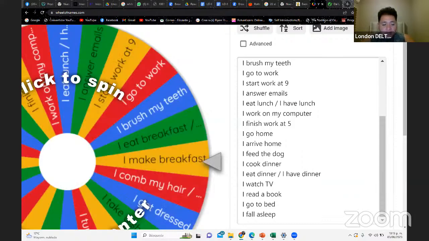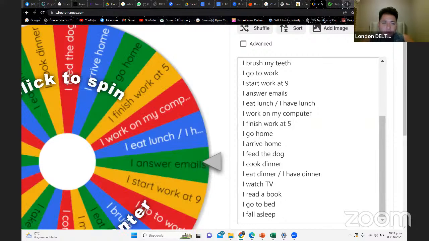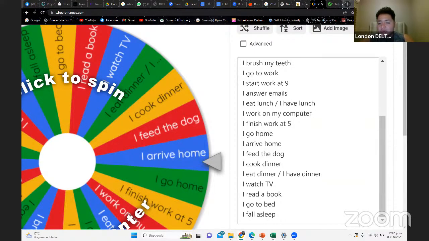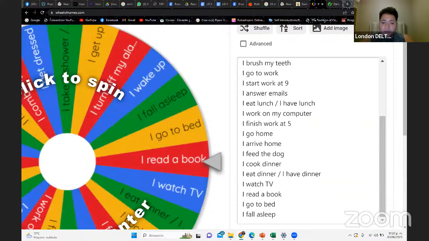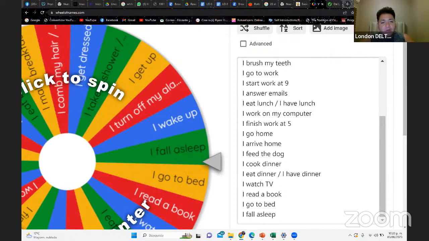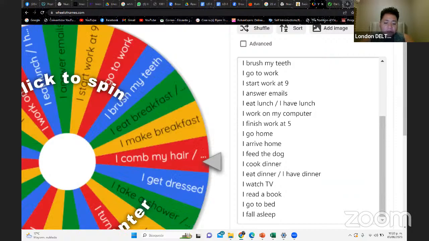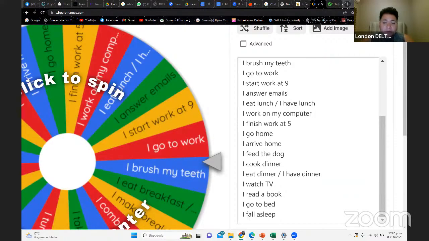Entonces tenemos que agregar el auxiliar do, ¿ok? Si le estamos preguntando a alguno de sus compañeros, a alguien en particular, right? Do. And then you use the pronoun and the verb. How often do you cook dinner? Okay. So this is the question that you're going to ask. Entonces van a formular la pregunta diciendo, le van a preguntar a uno de sus compañeros, how often?